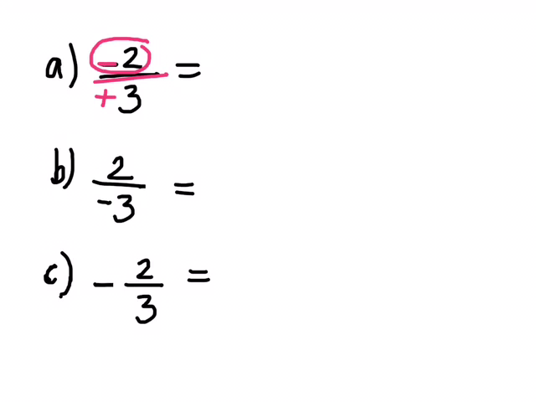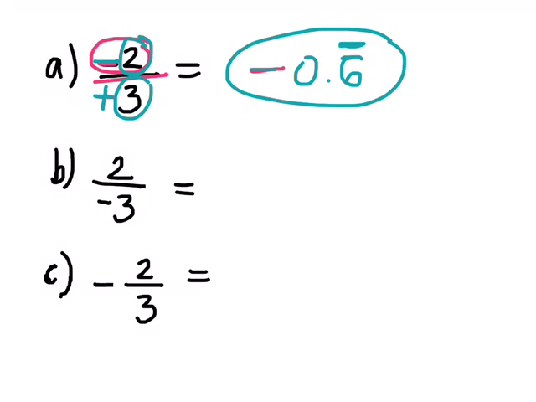What's a negative divided by a positive? Negative. Okay. 2, if you're just looking at the numerical part, 2 divided by 3 is 0.6 repeating. Okay, remember you put this line above the decimal digit that repeats. So -2 divided by +3 is -0.6 repeating.